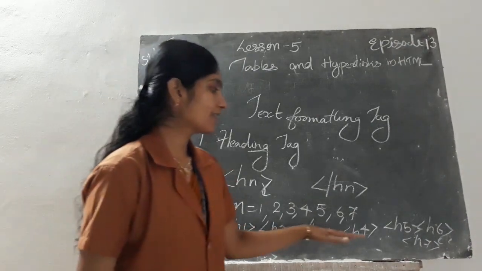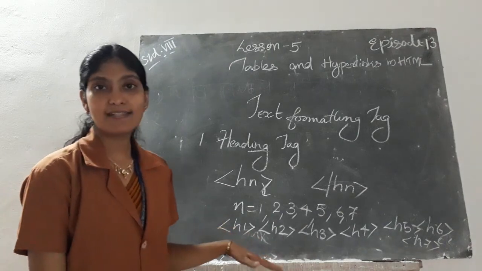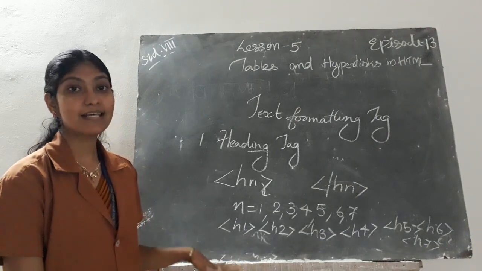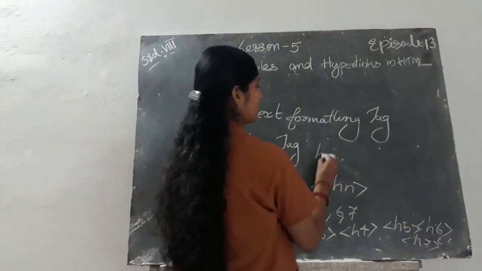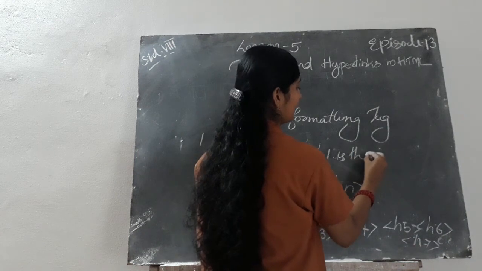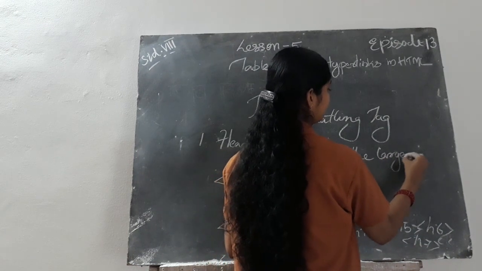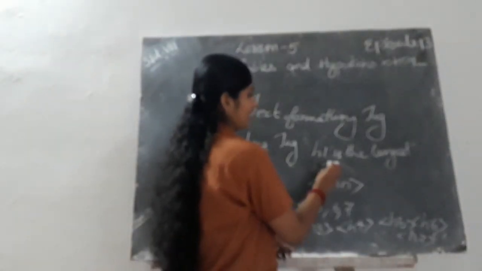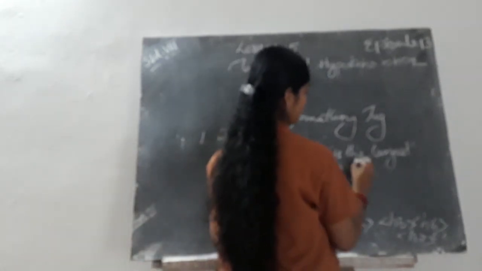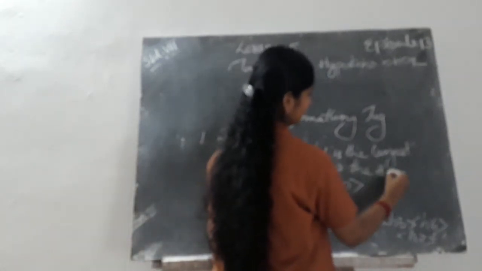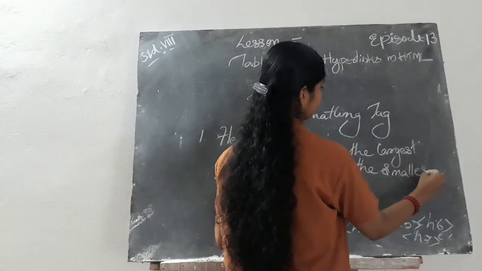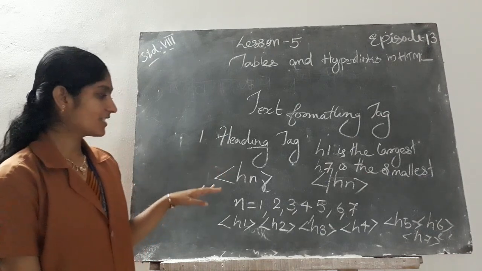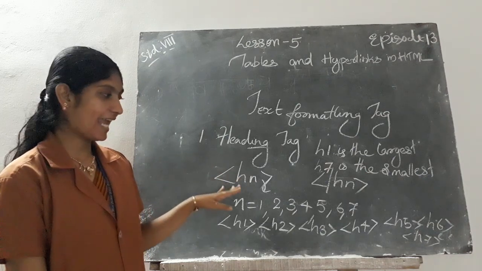So from H1 to H7, H1 is the largest size and H7 is the smallest size. So this is the heading tag, which can be represented using the tag HN.